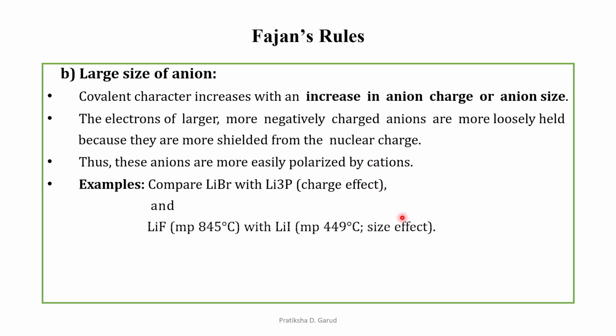The second example is the comparison between lithium fluoride and lithium iodide. Here we have to consider the size effect. That means as the size of the anion increases, fluorine and iodine being the anions here, the covalent bond character also increases.